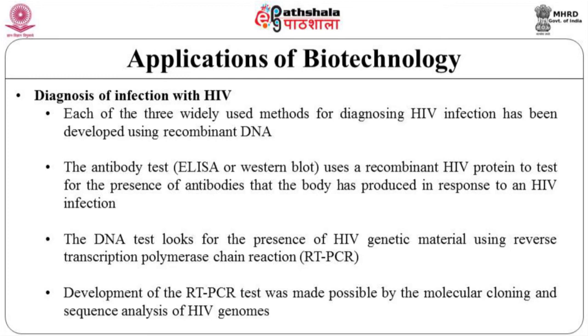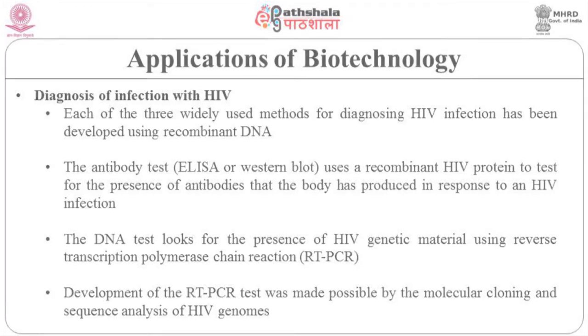The DNA test looks for the presence of HIV genetic material using reverse transcription polymerase chain reaction. Development of the RT-PCR test was made possible by the molecular cloning and sequence analysis of HIV genomes.